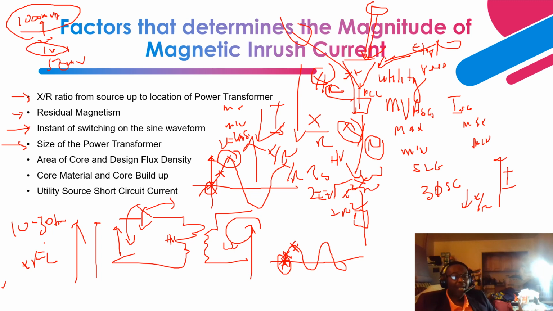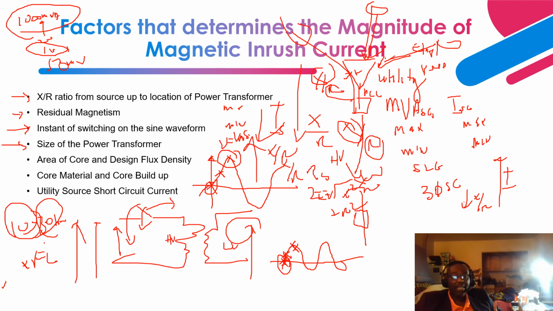The 1,000 MVA will have a very high magnetic inrush current during energization, close to about 10 times the full load amps of the transformer, whilst a transformer rated at 100 MVA will see an inrush current of about 10 times the full load amps. So that explains how the size of the power transformer plays a factor.